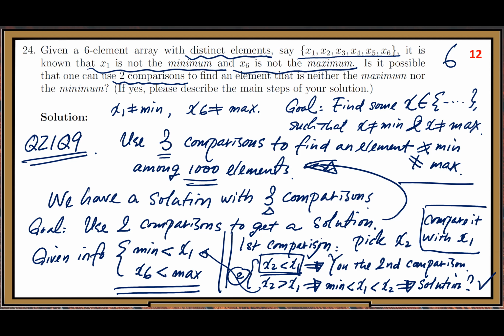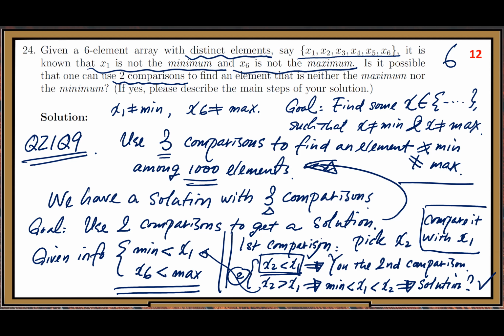It is very important, very precious. Do not waste it. But here I do not tell you how to do the second comparison, because that's the same as telling you the answer. You need to find it by yourself.